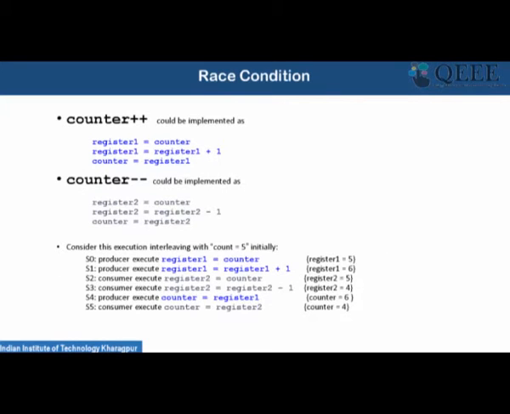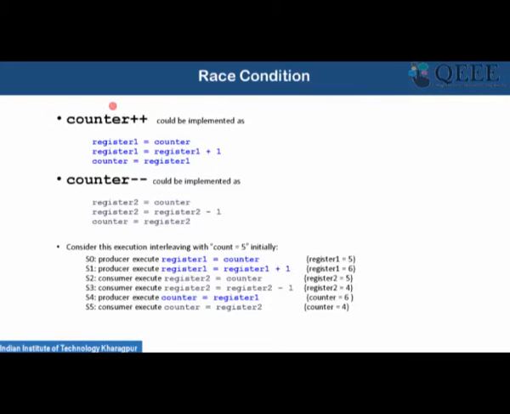Now assume that this producer and consumer are running simultaneously. They are two concurrent processes, and there is a shared buffer which is implemented as a shared variable. We have discussed this concept of shared variable earlier. The producer process is producing content and putting it in the buffer, and the consumer process is consuming from the buffer.